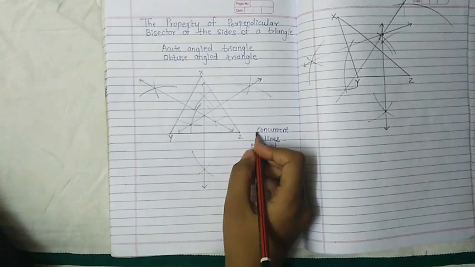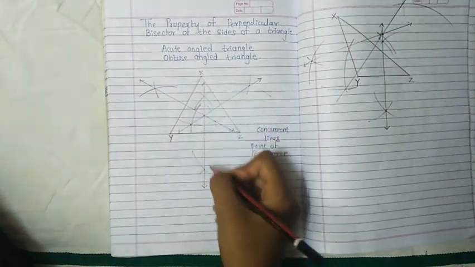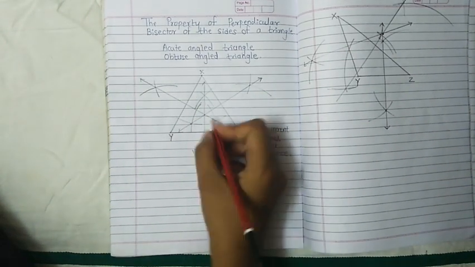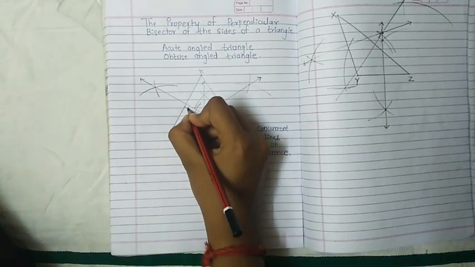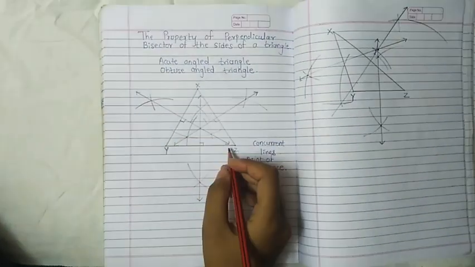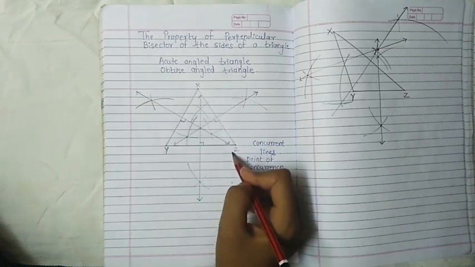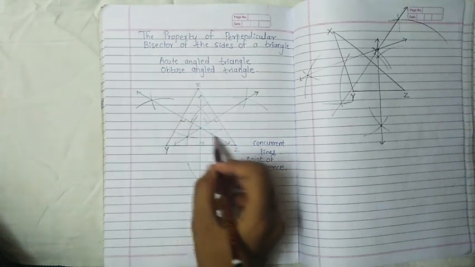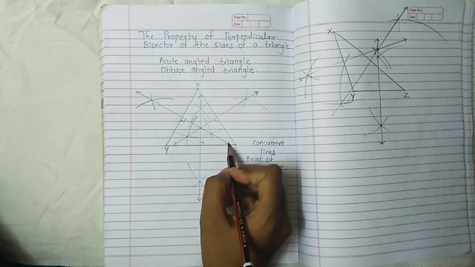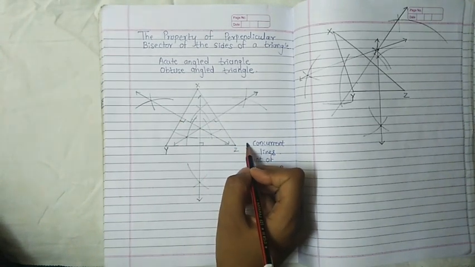Okay. As we know, these lines are what? Perpendicular bisectors. Means a perpendicular mark should be there. Now from this we can say that the perpendicular bisectors of the sides of a triangle are concurrent.